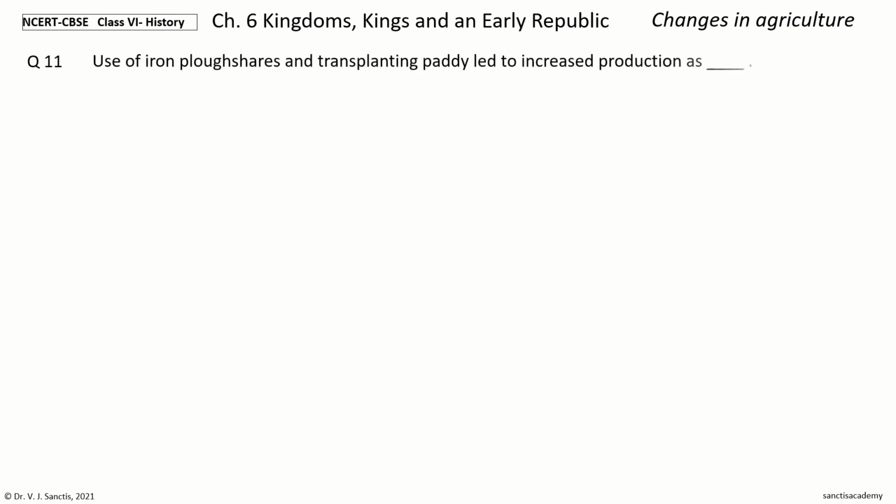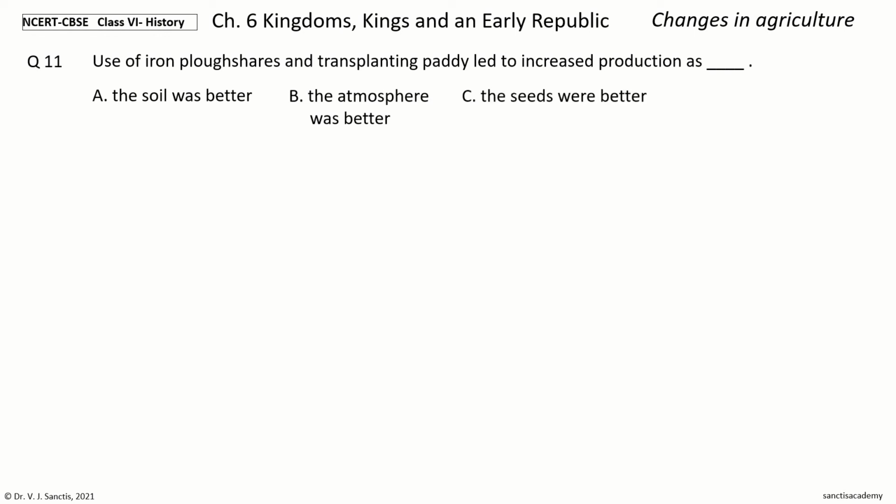Next question 11. Use of iron plowshares and transplanting paddy led to increased production as dash. The options are the soil was better, the atmosphere was better, the seeds were better, many more plants survived.